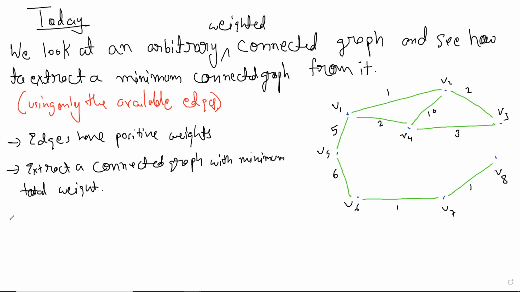So how do we do this? First question here would be: will the number of edges be fixed? That's the first question. The second question is how to do it.